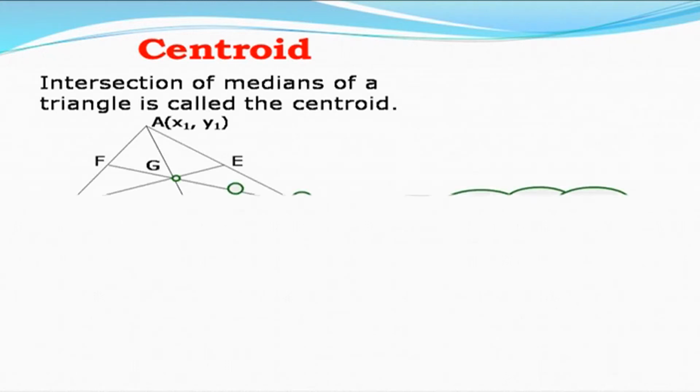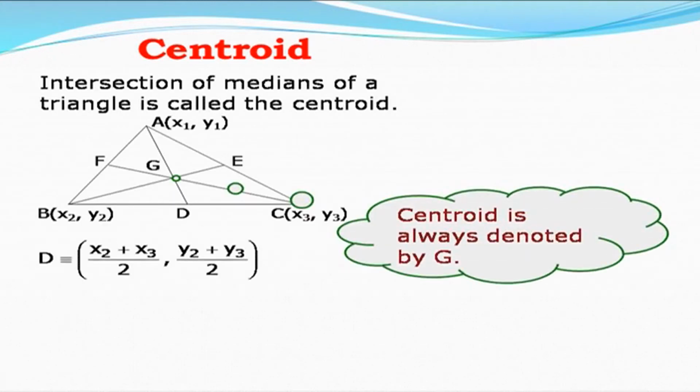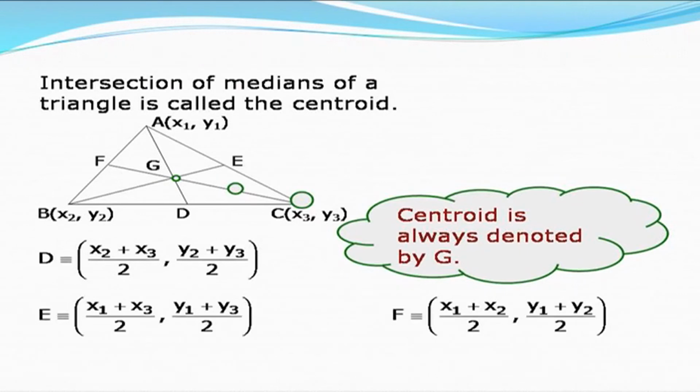Using midpoint, we can also find the centroid of a triangle. We know the centroid is the intersecting point of the medians of a triangle, and a median is the line segment which intersects the opposite side of a triangle at its midpoint.